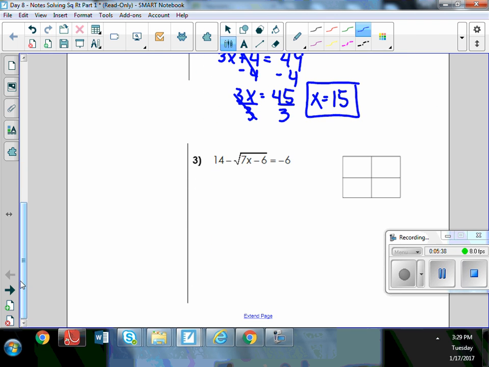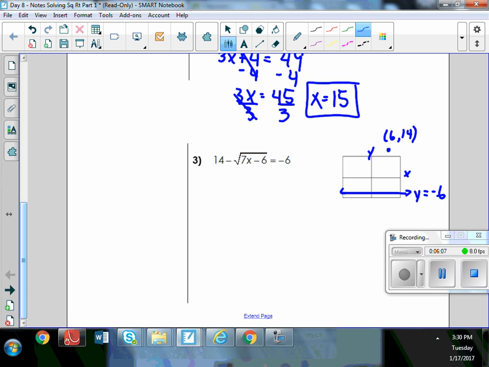Okay, so the last one. If I look at it graphically, I would graph a line at y equals -6. And then on this side, I've got a right 6, because insiders lie. I've got an up 14, so it would go right 6, up 14, maybe up here.